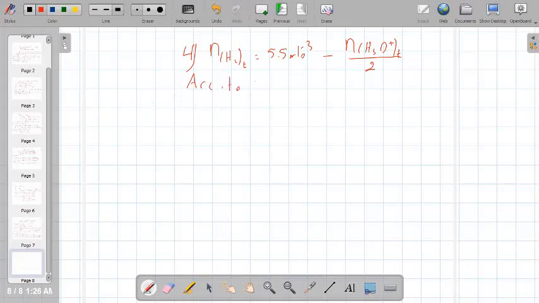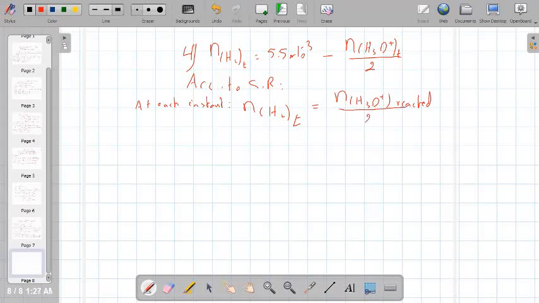According to the stoichiometry of the reaction, at each instant, the number of moles of H2 at instant T over 1 equals NH3O plus reacted over 2.